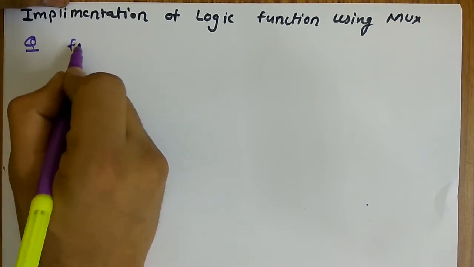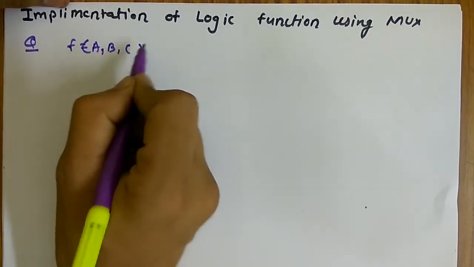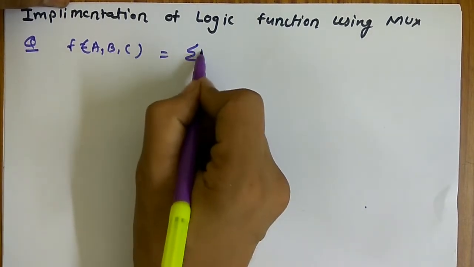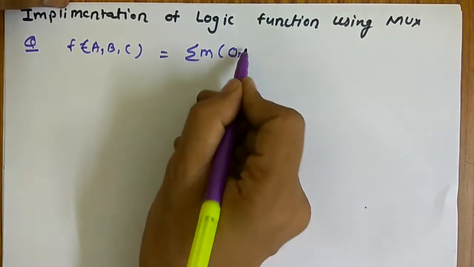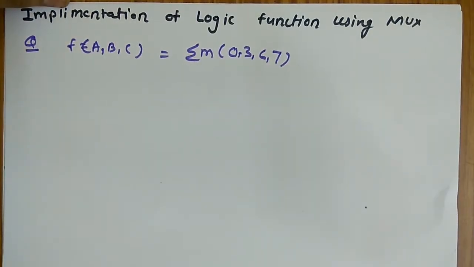Suppose the first example is a, b, c equal to 0, 3, 6, 7. Firstly we have to decide which variables we are going to select as select lines.